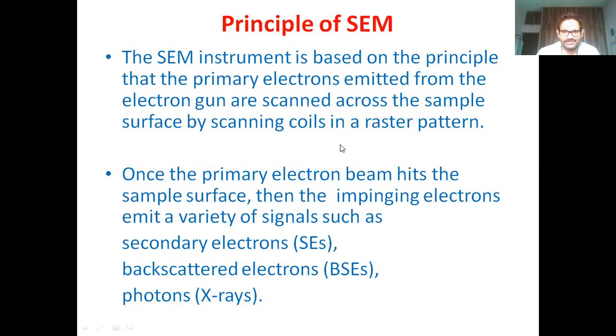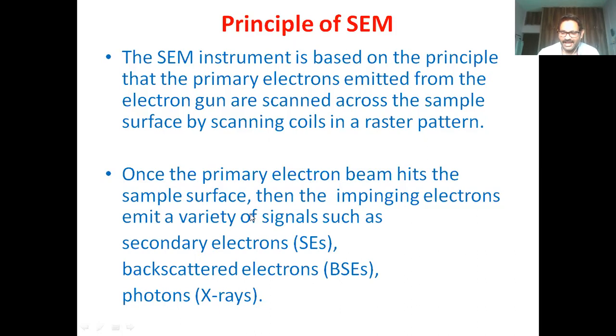So electrons emitted from the electron gun are scanned on the sample by scanning coils in a raster pattern. Once this primary electron beam hits the sample surface, the impinging electrons emit a variety of signals such as secondary electrons, backscattered electrons, and X-rays.